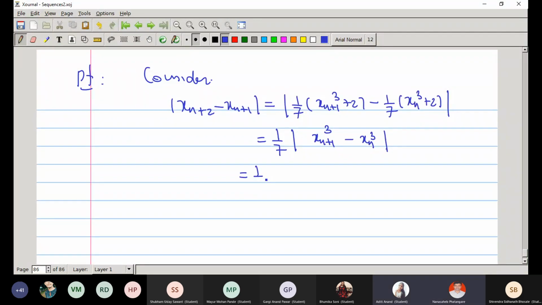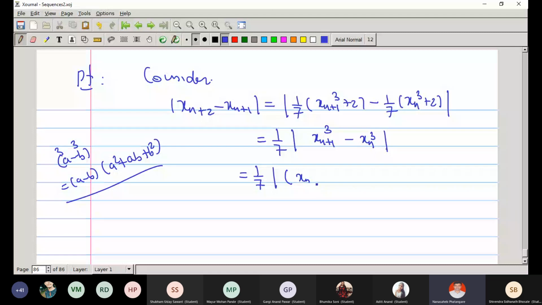Now it is a cube minus b cube. What is it? It is (a minus b) into (a square plus ab plus b square). Is it correct? Right.